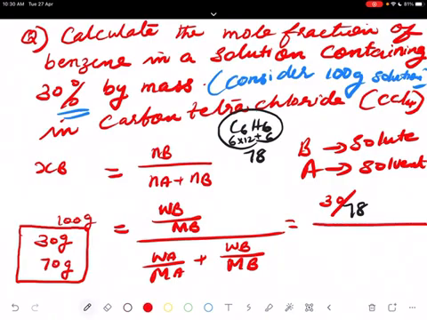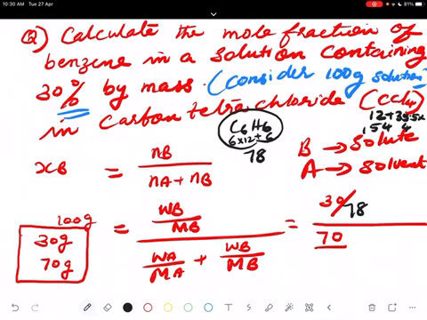Then 70, the mass of the solvent, upon its molar mass. For the molar mass you have to calculate CCl4. That means 12 plus 35.5 into 4. So altogether 154.